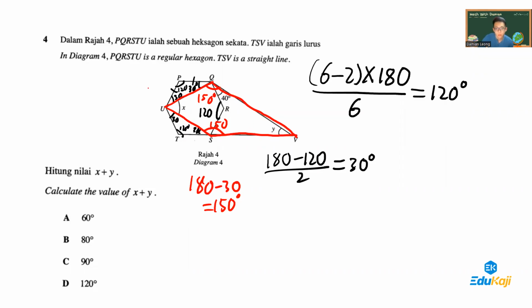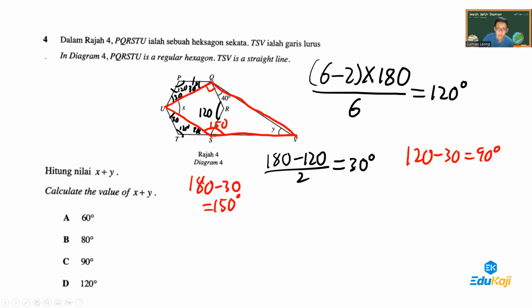Okay, sorry, my mistake, this is not. Here to here is 120. So I can find this angle: 120 minus 30, 90 degrees. So here is 90 degrees. So I have 90 here, 150 here, 40 here, y here, and x here.